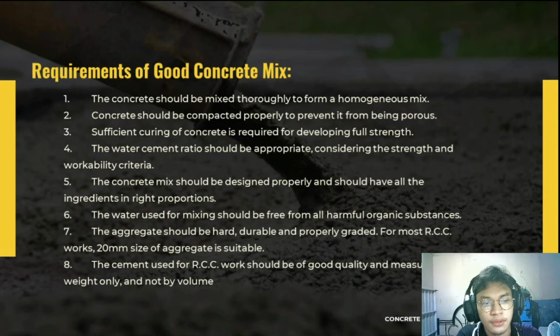Number 8. The cement used for RCC works should be of good quality and measured by weight only and not by volume. So dito sa number 8, sinasabi lang dito yung standards para naman doon sa cement na gagamitin sa RCC works. Dapat daw good quality at measured by weight only, not by volume. Kasi, di ba napag-aralan na natin na yung particles ng cement, mayroon niyang gaps sa pagitan niya.